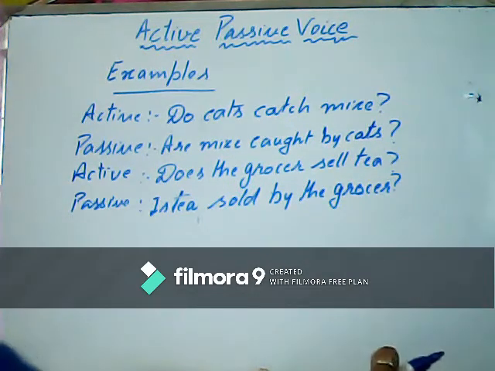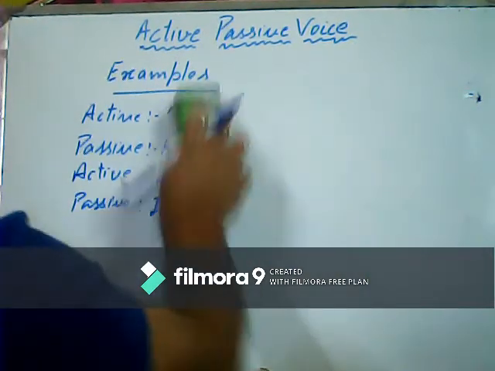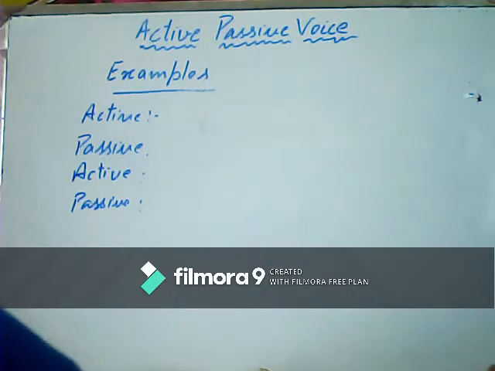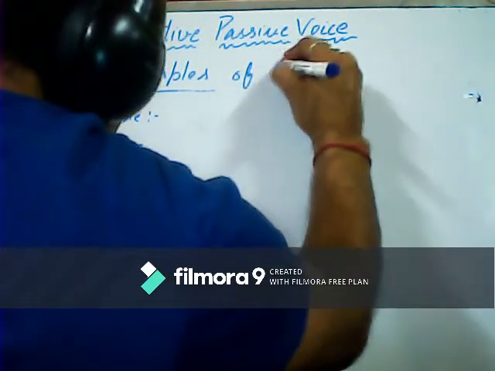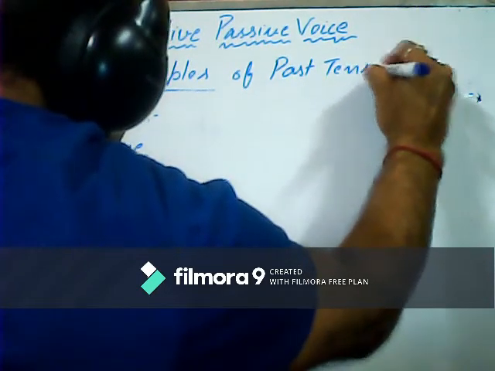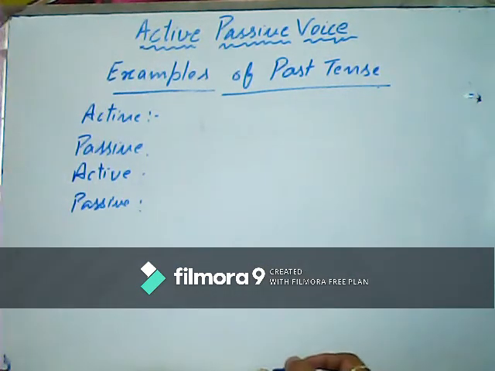Now we'll take a few examples of past. You yourself can recognize different sentences as examples of past tense. The policeman caught the thief.